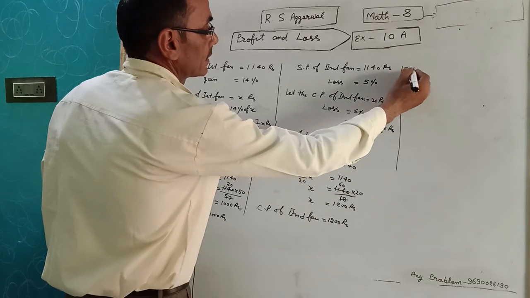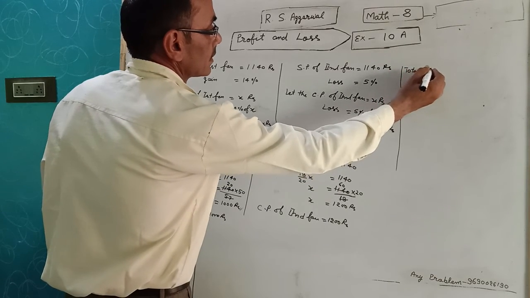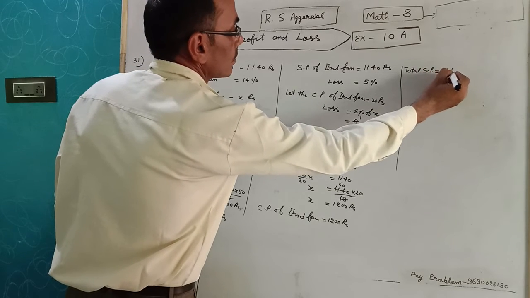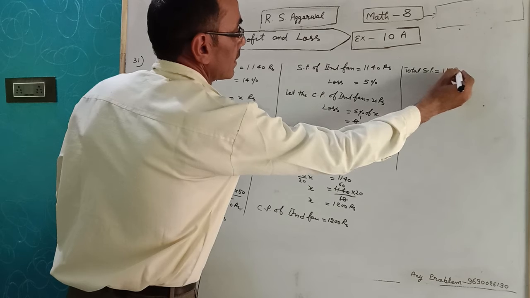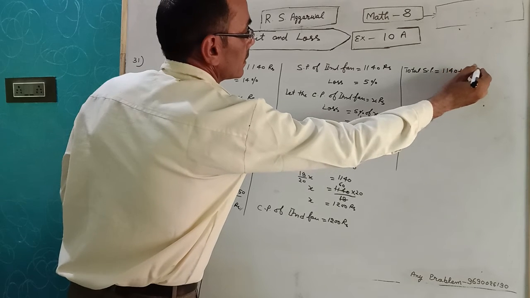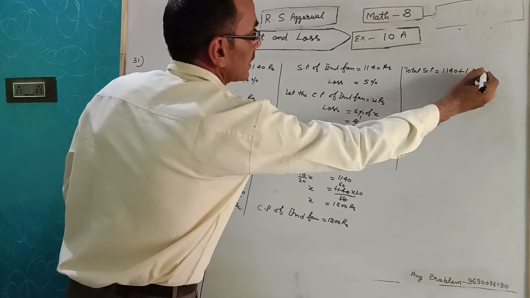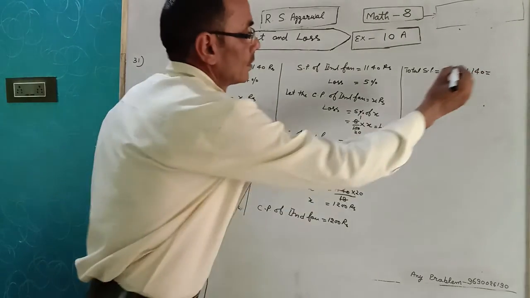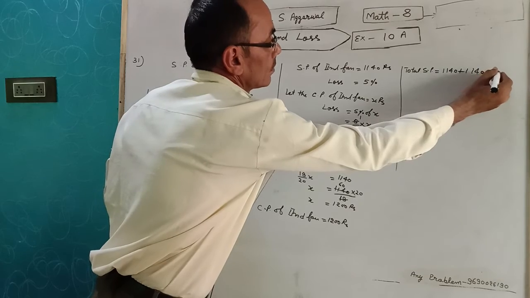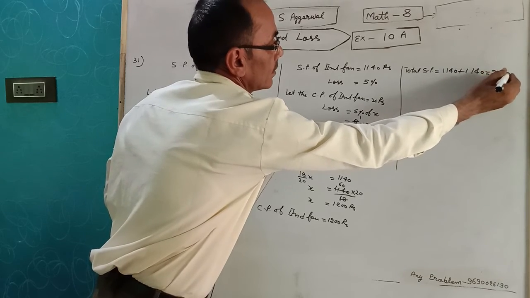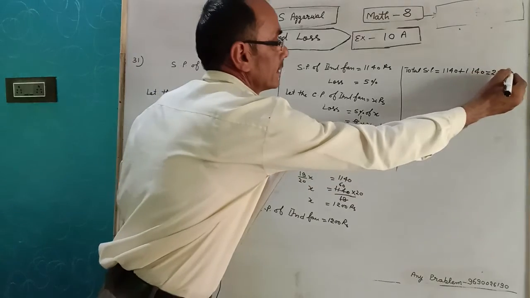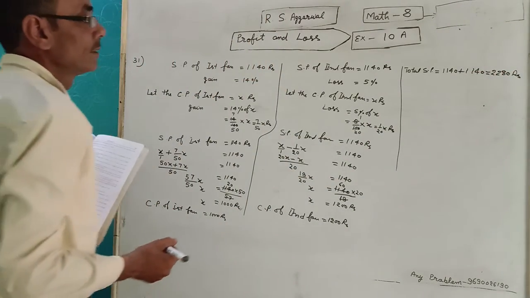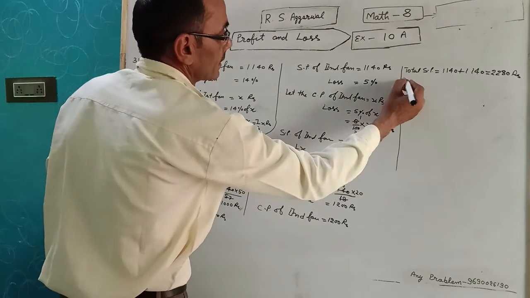Total SP is equal to 1140 plus 1140, 2280 rupees is the selling price of both fans.